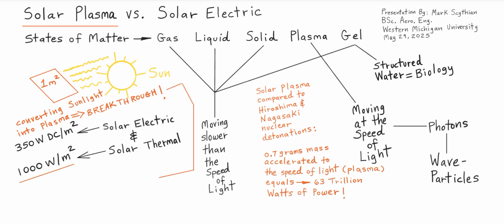So we have to put more attention probably into converting sunlight into plasma, even if it is a kinetic storage system with plasma particles moving at the speed of light within a substrate. Because after all, you can only get 1,000 watts of power per square meter of sunlight exposure.